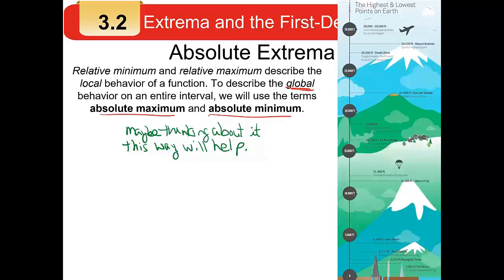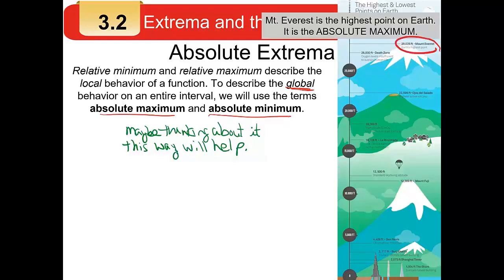Look at this chart. It shows you that the highest point on Earth is Mount Everest. We would call that the absolute maximum. Globally, over the whole Earth, that is the highest point.